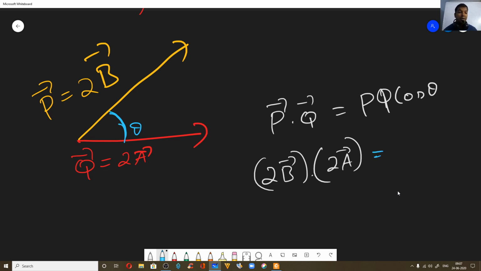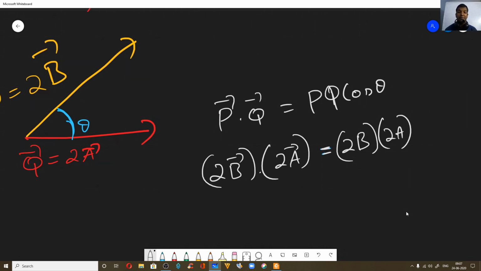Now what is the magnitude of p? Sorry, magnitude of p is 2b and magnitude of q is 2a, times cos theta. So what did we get here? 2 into 2, 4ab cos theta.